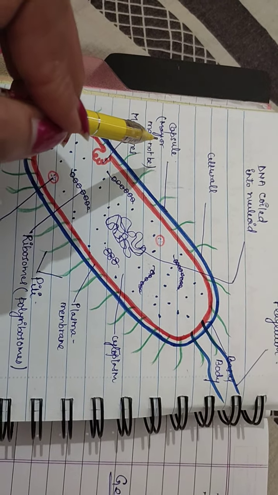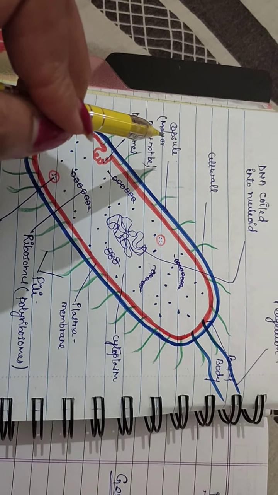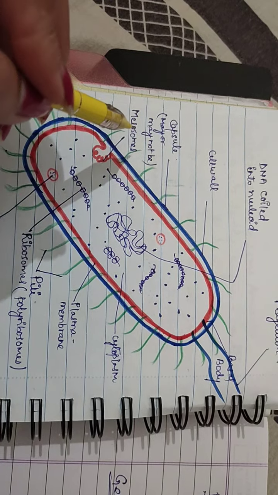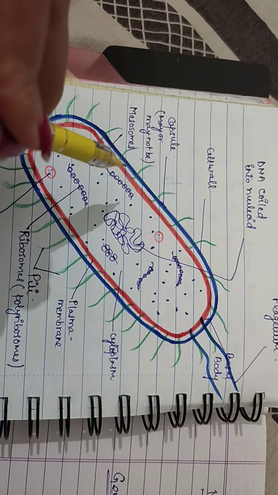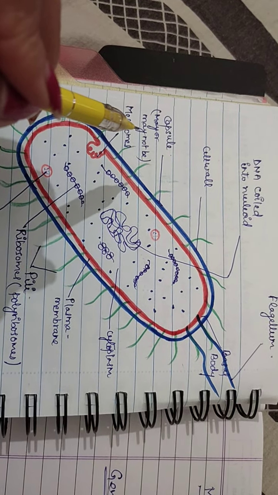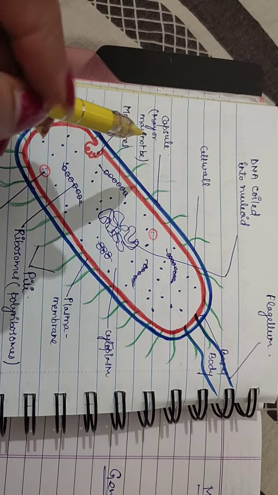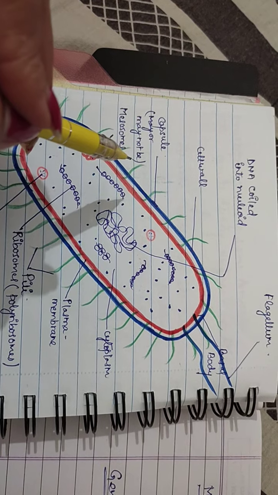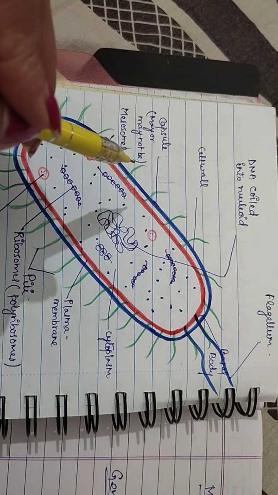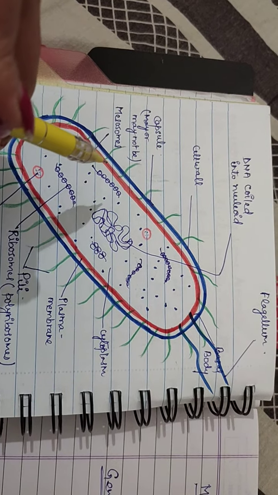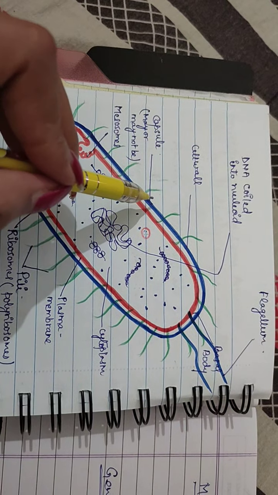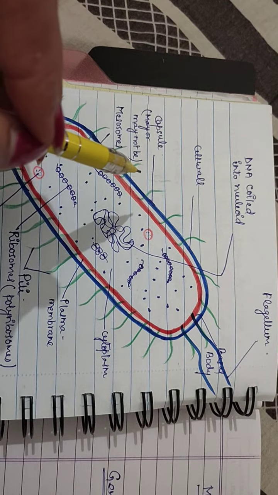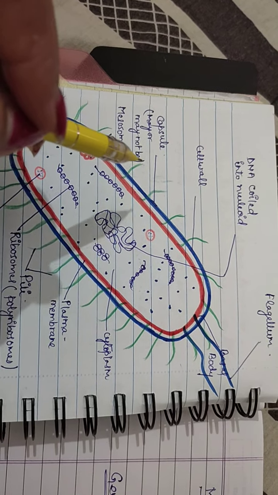Once in bacteria the capsule is present, it is called capsulated bacteria, and when it is not present, then it is called non-capsulated bacteria. You will study in detail in the chapter on the cell, where we will discuss this capsule and so many layers like glycocalyx and slime layer.